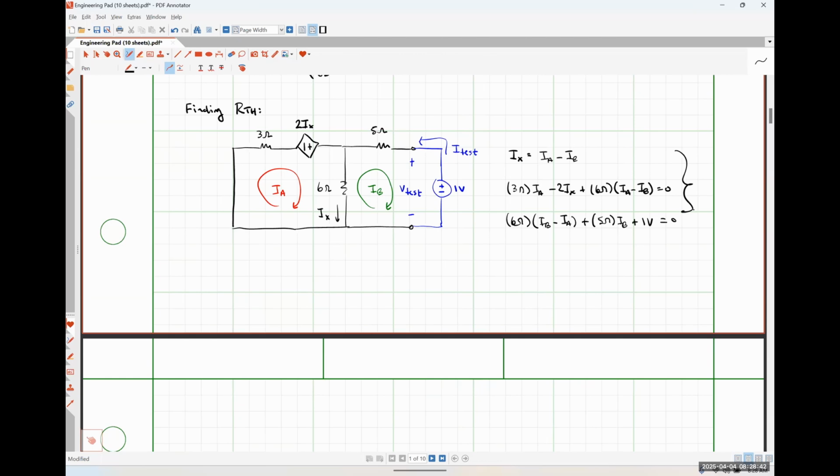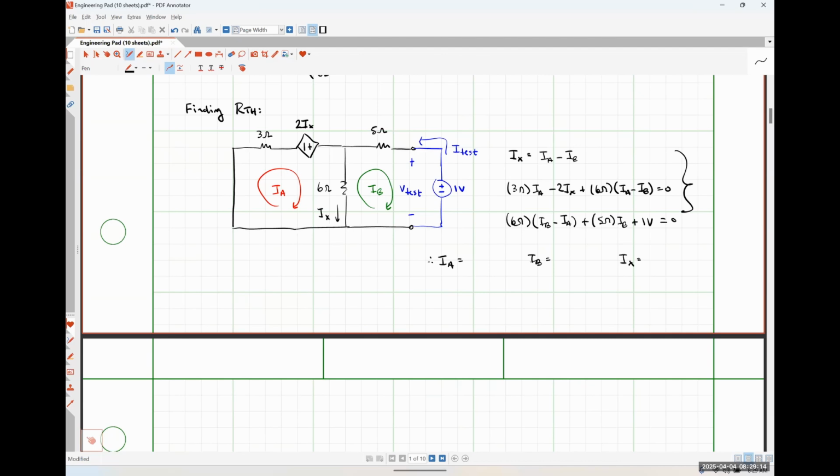Okay. So I'm going to solve this system for IA, IB, and IX. So it's a 3x3 system. In my first equation, my coefficient for IA is 1, my coefficient for IB is -1, my coefficient for IX is -1, and my constant term is 0.